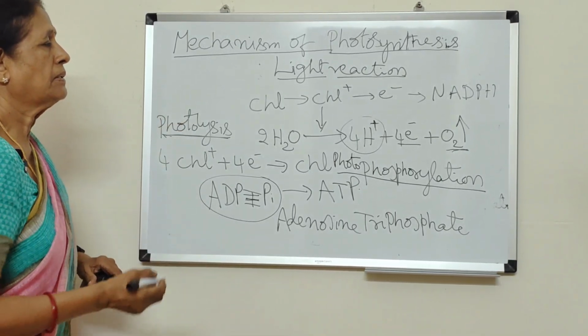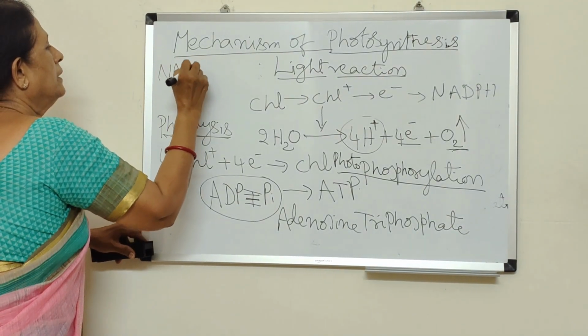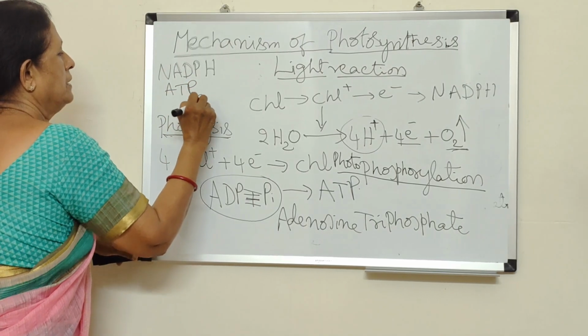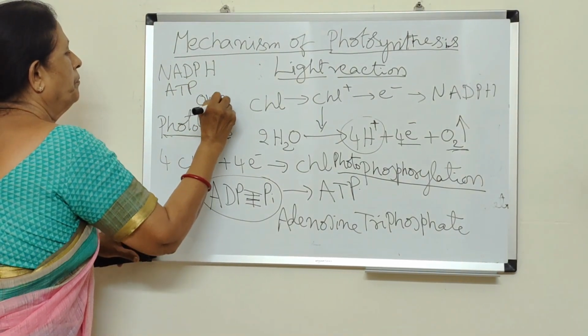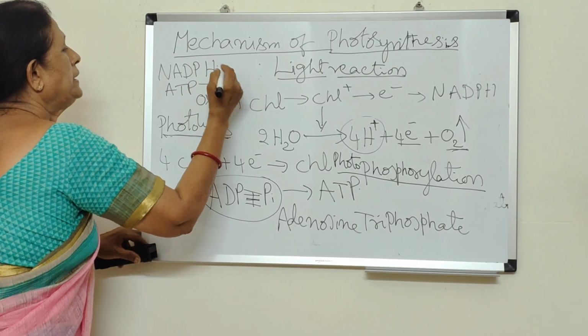What are the end products of the light reaction? NADPH, ATP, and oxygen. NADPH and ATP are energy rich compounds.